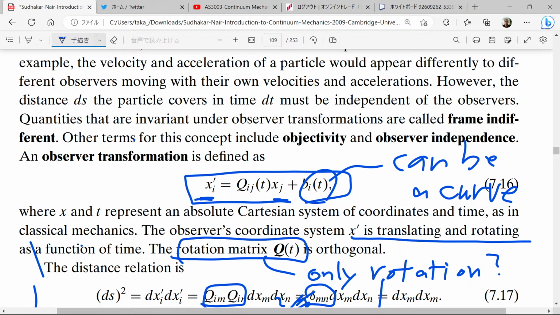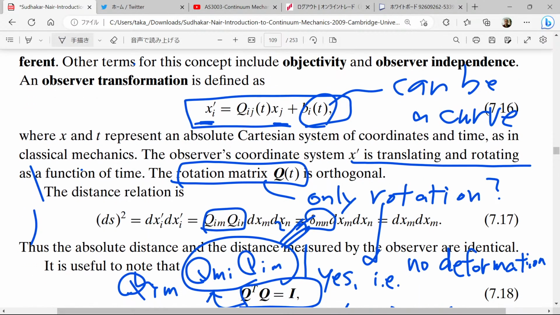Then the distance relation. This is an infinitesimal relation. The infinitesimal distance is actually conserved, even if the primed coordinate is moving and rotating; the infinitesimal length is conserved like this.